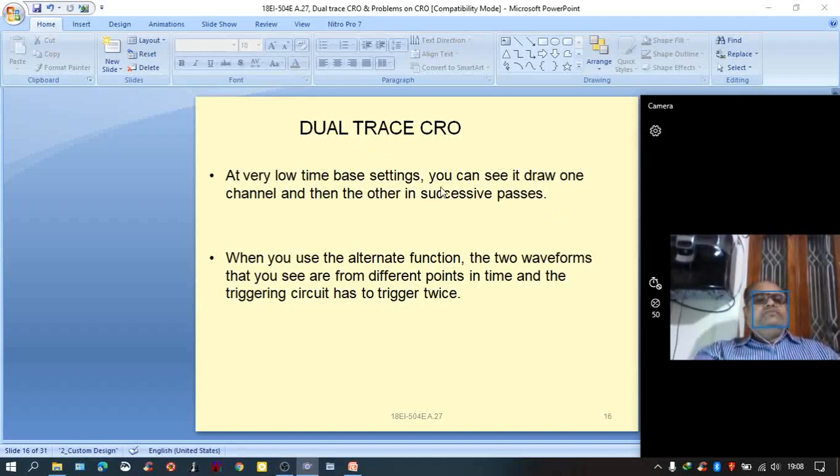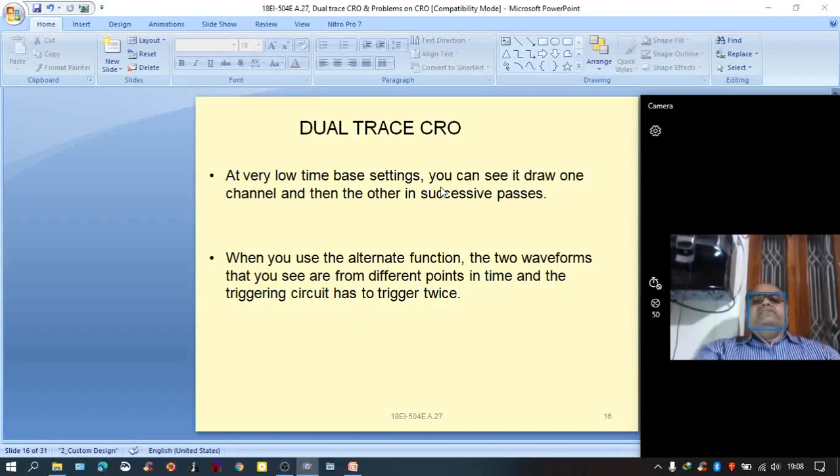That is, when the sweep timing is very low, at first cycle the first signal is swept. In the second cycle the second signal is swept. Because the sweep time period is very less, by the time the third cycle sweeps the first signal, the image of the first signal is retained because of the persistence property of phosphor.